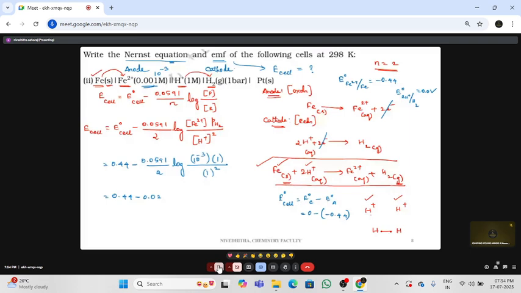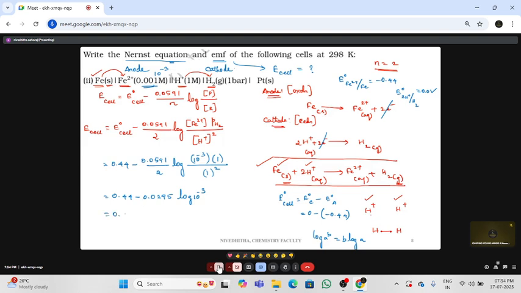Okay, and simplify those log values. So this is log 10 power minus 3. It is like log a power b. Log a power b can be written as b log a, so you have to bring the power to the front.